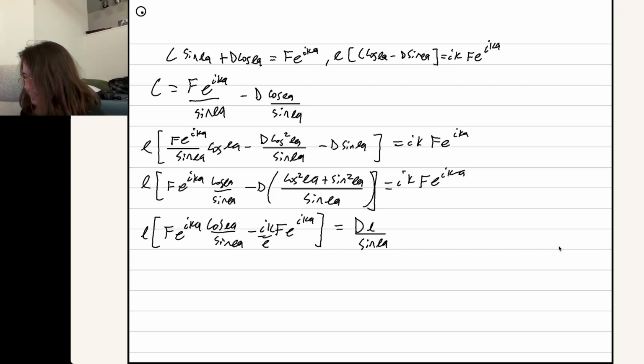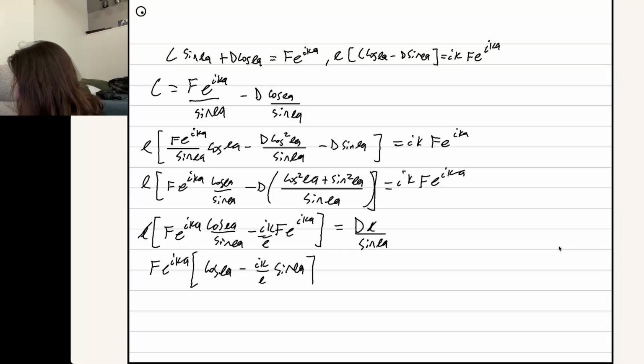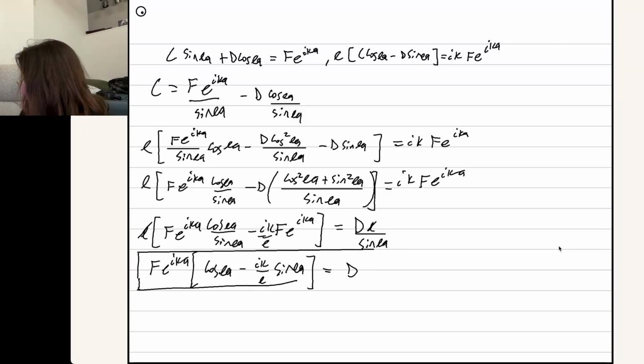Then we can multiply both sides of the equation by sine La, and we can cancel out the L's. So we have that F e to the ika times cosine La minus ik over L times sine La equals D. And we're going to take that equation to the bank with us. So let's go ahead and box it.